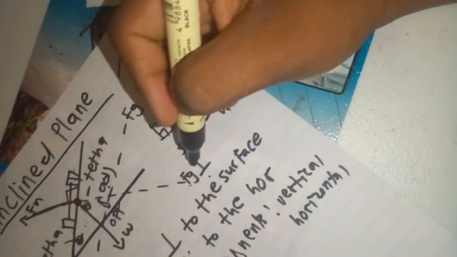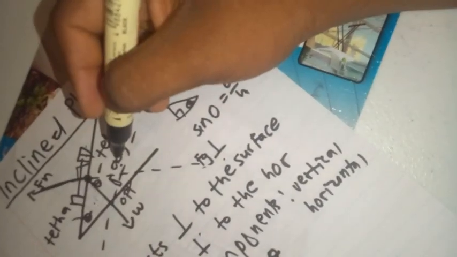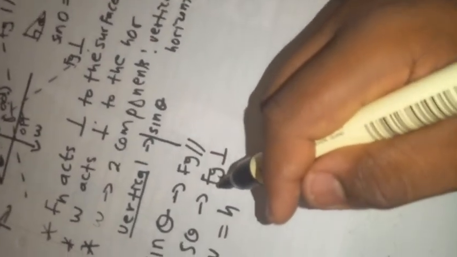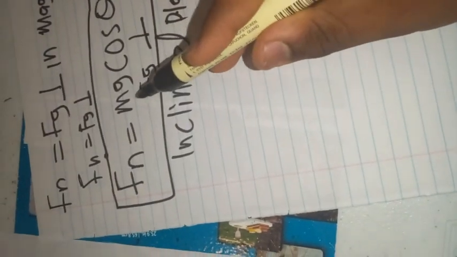So this Fg perpendicular takes us back to this side, whereby this is the adjacent side. Adjacent side is the what? Cos. So cos theta gives Fg perpendicular. That's why I'm saying normal force is equal to mg cos theta.